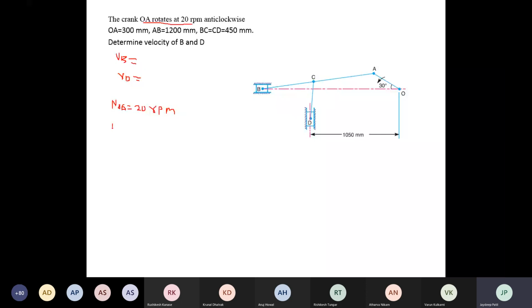Omega OA is equal to 2 pi N divided by 60, where N is your 20 rpm. Once you get the angular velocity of OA, you have to find out the velocity of OA. You will get it using this formula: V is equal to R into omega, where R is the length of crank OA in meters, into omega OA.